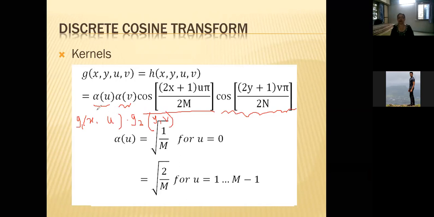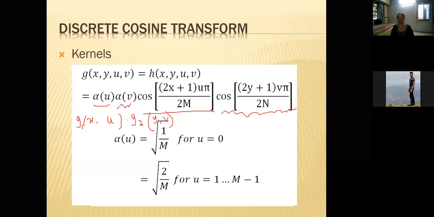Hence we can say that this forward transformation kernel is separable, g1 of x, u into g2 of y, v, where g1 of x, u is alpha u into cos of (2x plus 1) u pi by 2m, and g2 of y, v is alpha v into cos of (2y plus 1) v pi by 2n. Now, as we can separate it into two terms, we can say the DCT kernel is separable.